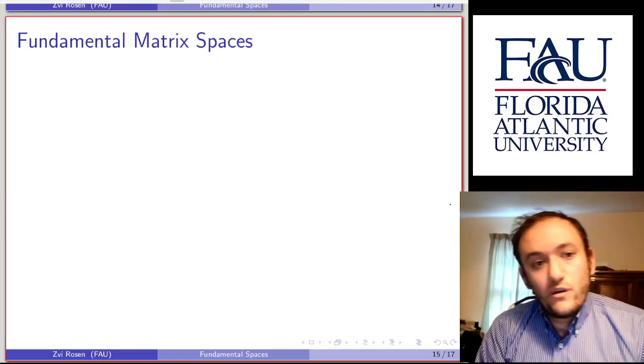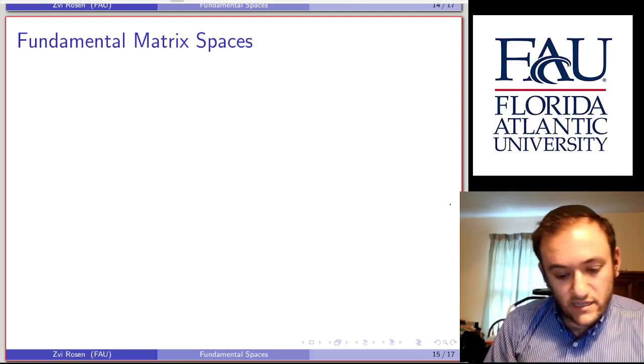Okay, so now we've got a sense for row space, column space, and null space.